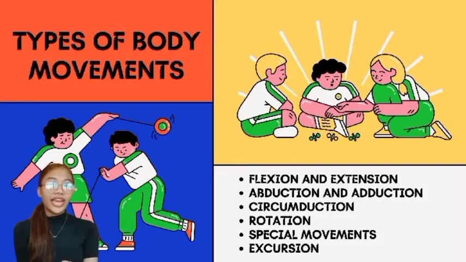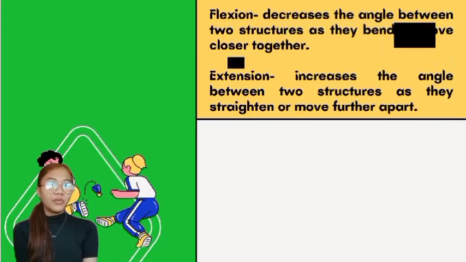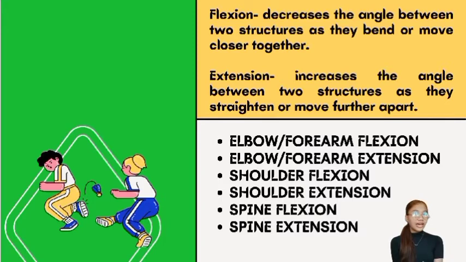First, flexion and extension. Flexion decreases the angle between two structures as they bend or move closer together, while extension increases the angle between two structures as they straighten or move farther apart.